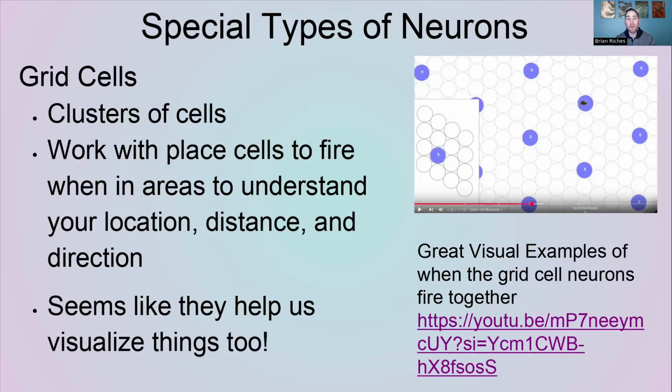And it does go to show that the way we network neurons is a little different than we might have previously thought. Different areas of our brains have different ways that they structure networks, but this is one way that we put things like place cells together and have grid cells together working to help us visualize things.